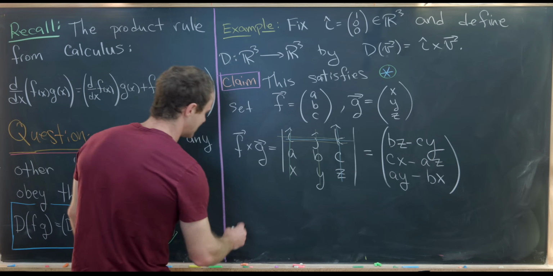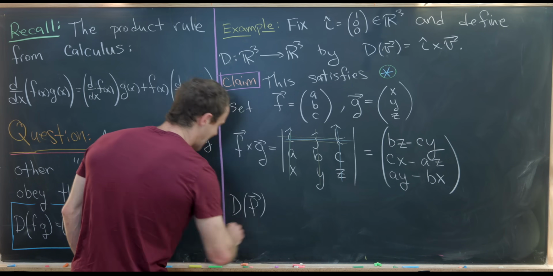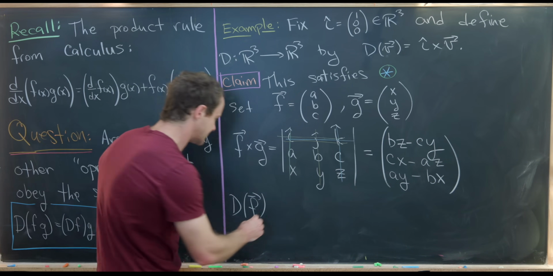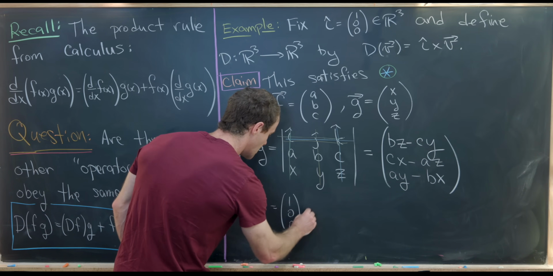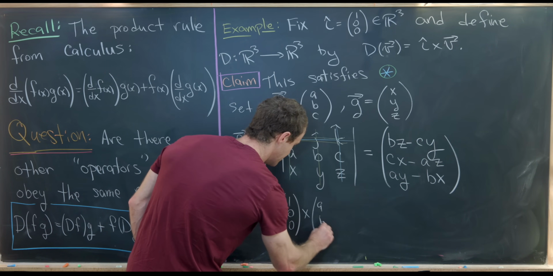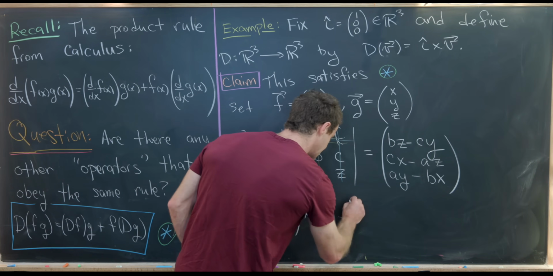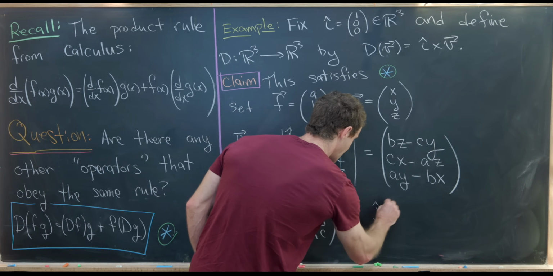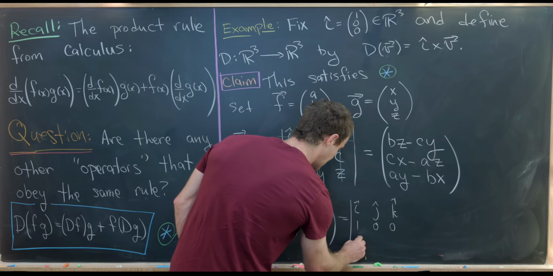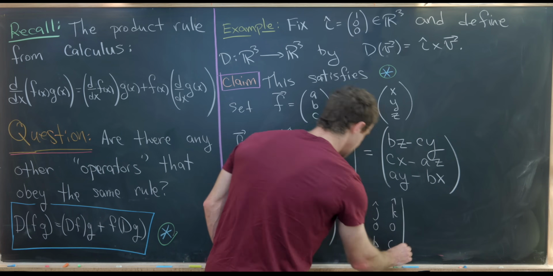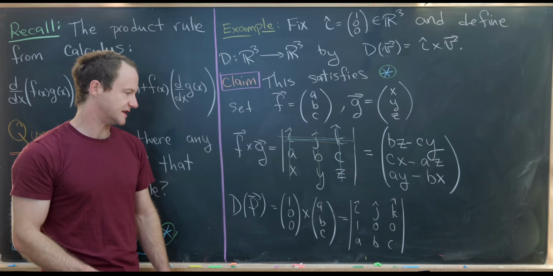Then while we're at it, let's go ahead and calculate D evaluated at f. That's going to be 1, 0, 0 cross a, b, c. We'll use the same kind of strategy, so we have i, j, k, 1, 0, 0, and then a, b, c. What's nice about this is we only get something non-zero in two of the entries.